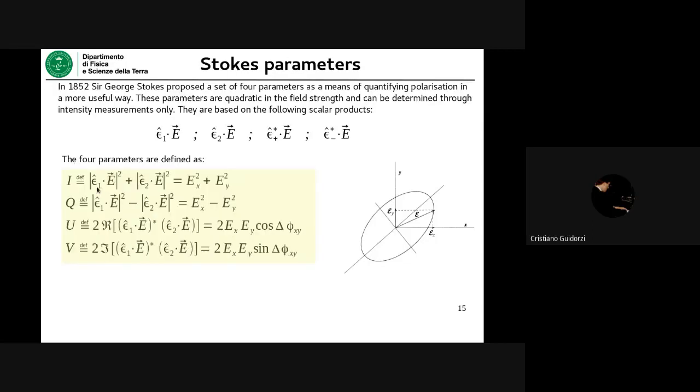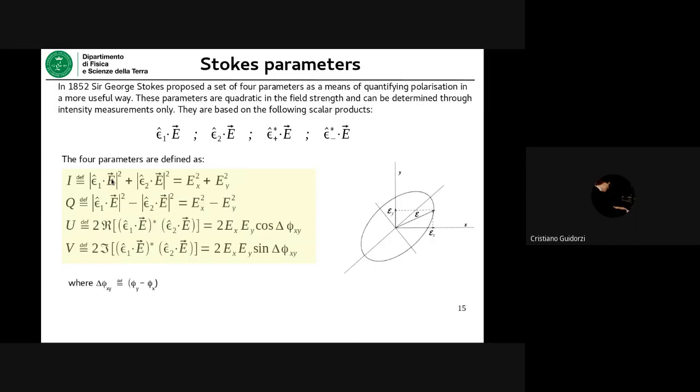So how can you do that? You replace epsilon 1 and epsilon 2 with the inverse formula that I've just shown you, and I'm going to show it again in a moment. And instead of E, the electric field expressed in the linear base, you use the electric field in the circular polarization base.